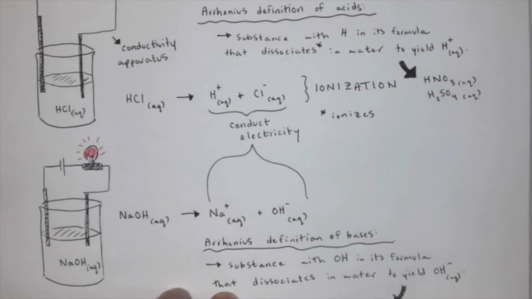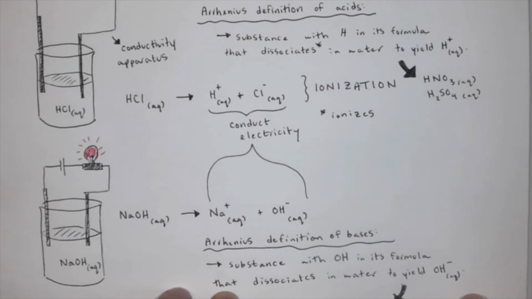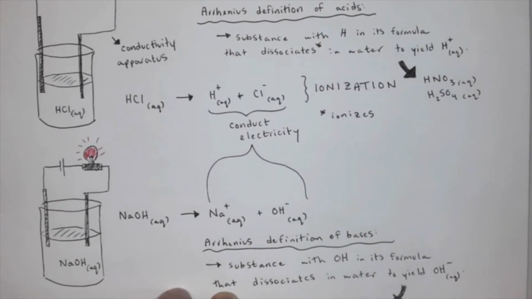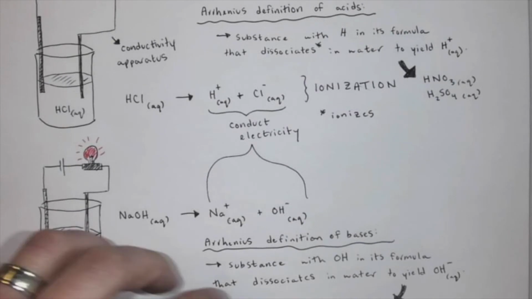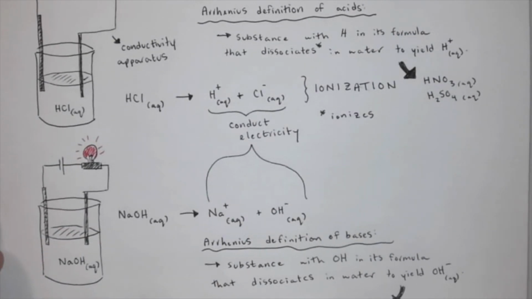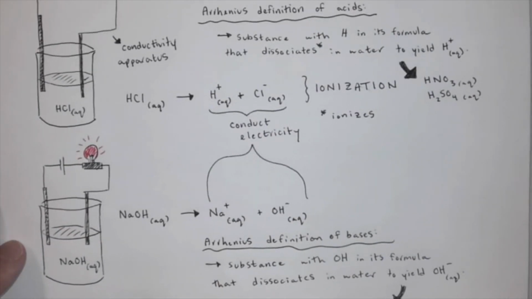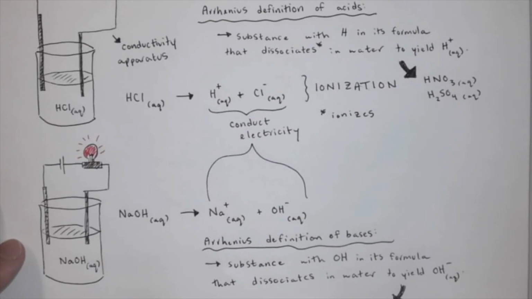Should be a 2 outside the brackets. I don't think I've ever made that mistake before, but when you're recording, you don't know what you're doing all the time. So anyway, you should have brackets around OH and then a 2 outside. Same thing here, calcium hydroxide. These all have hydroxide in the formula. And there you go, okay?